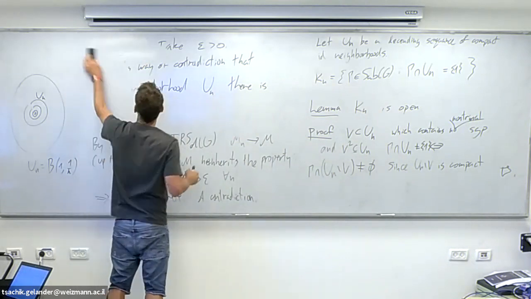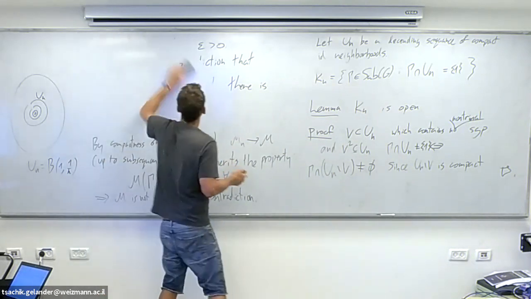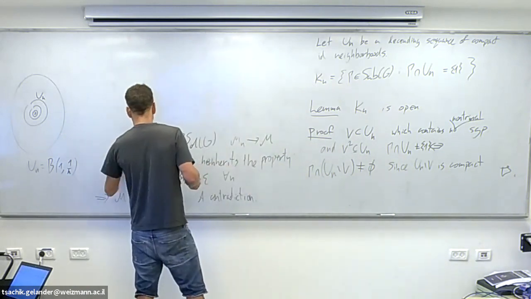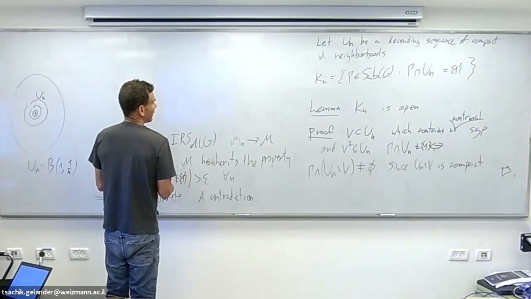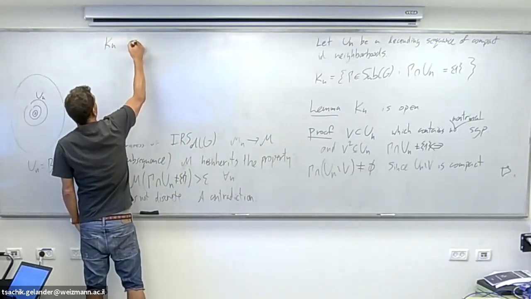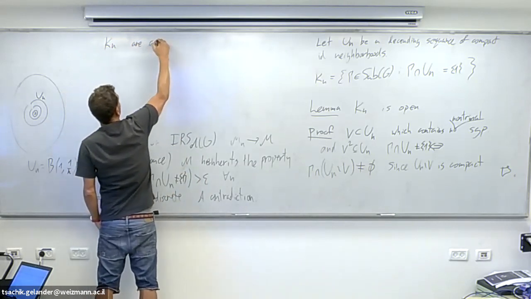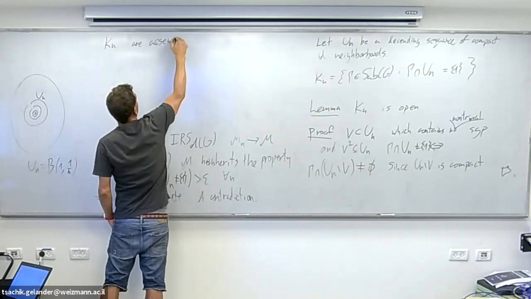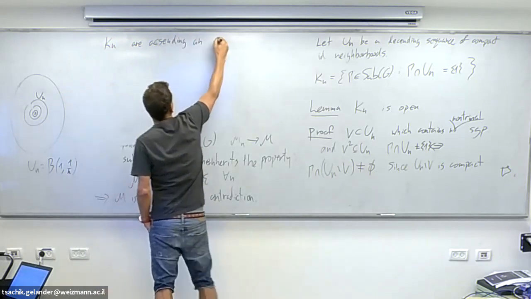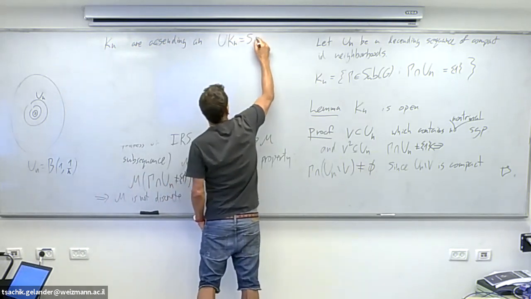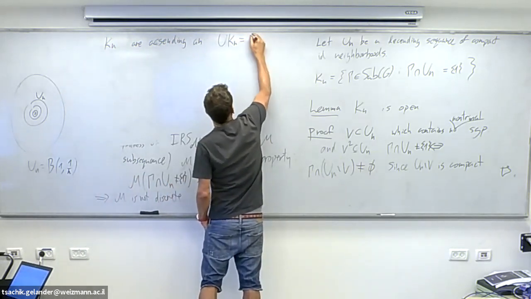Now, this also solves the exercise that I gave earlier. In the first hour, one of the exercises was: clearly Kn are ascending, and the union of Kn equals the set of discrete subgroups.